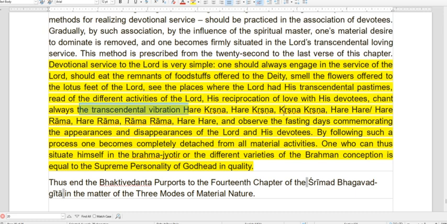And observe fasting days like Ekadashi, Janmashtami. By following such a process, one becomes completely detached from material activities. One who can thus situate himself in Brahma Jyoti or different varieties of Brahman conception is equal to the Supreme Lord in quality. This is how we come to the platform of Brahman, by following all this.